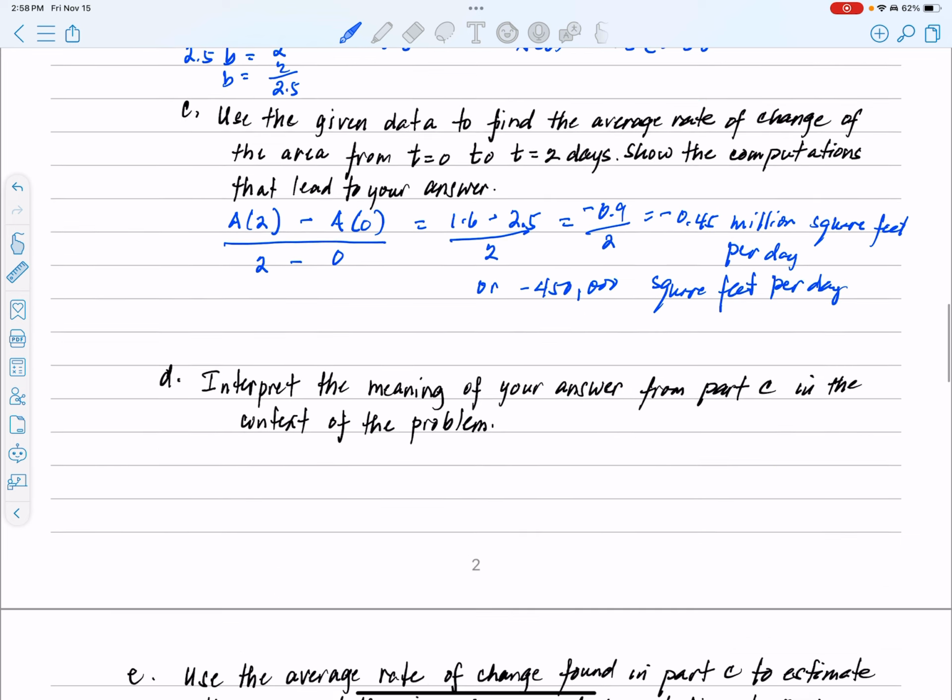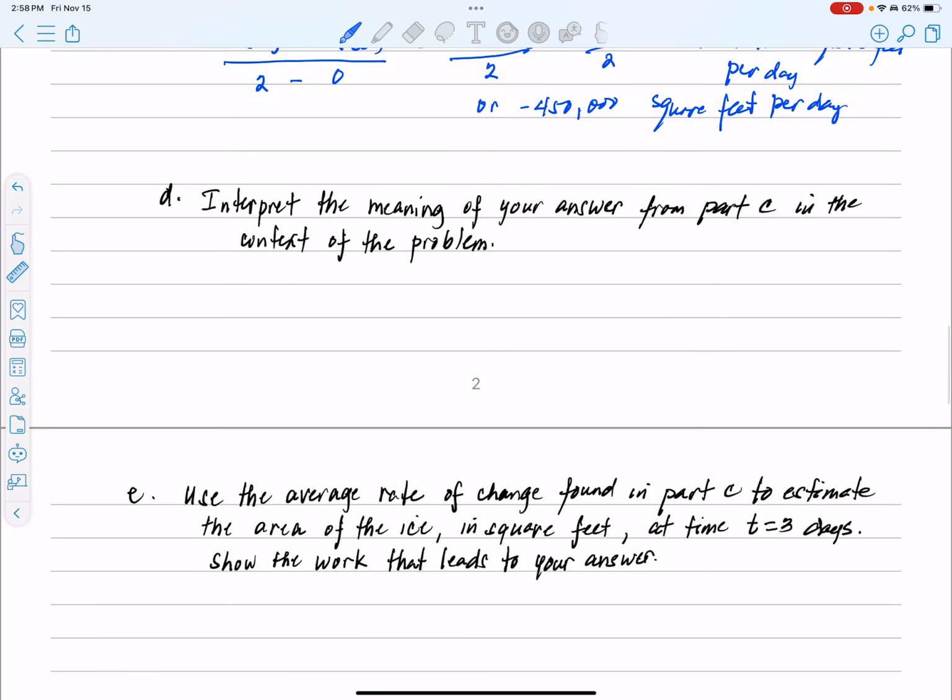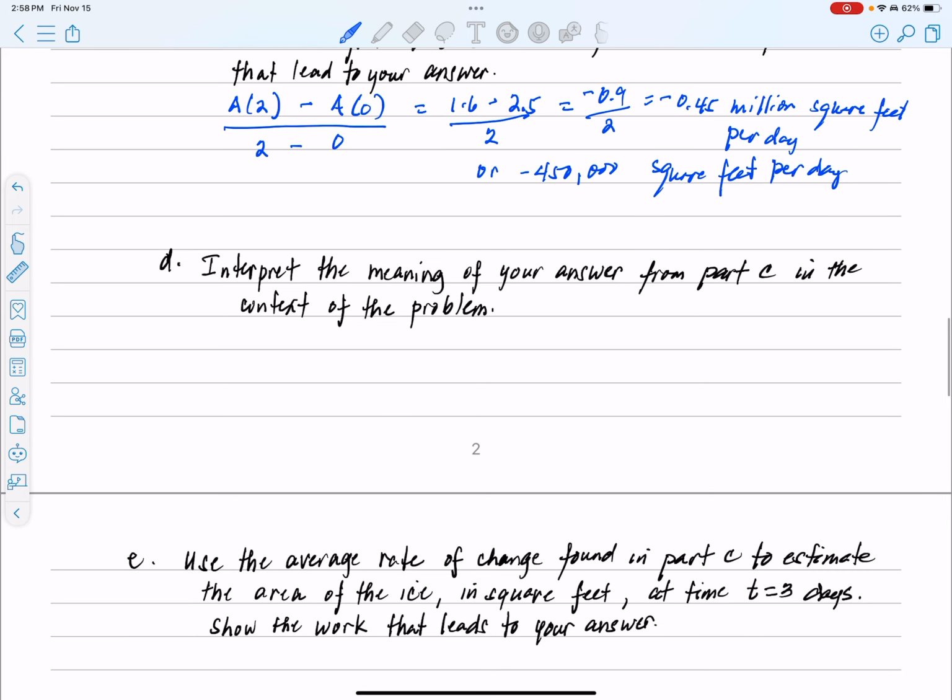Interpret the meaning of your answer from part C in the context of the problem.